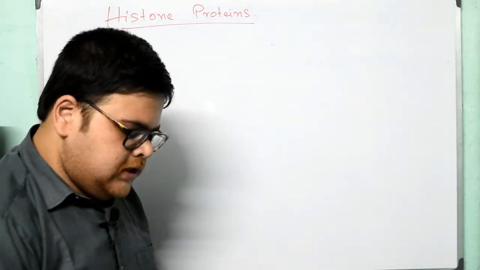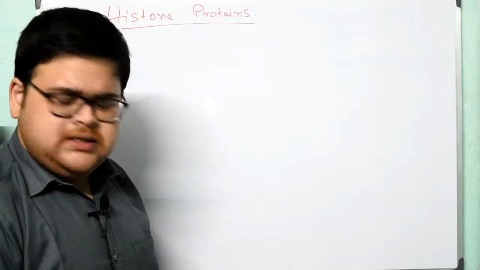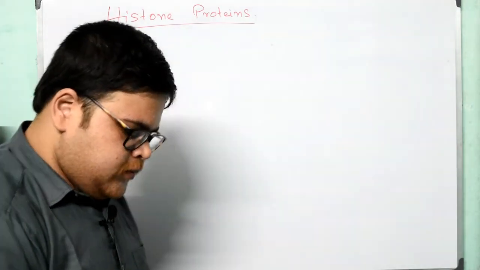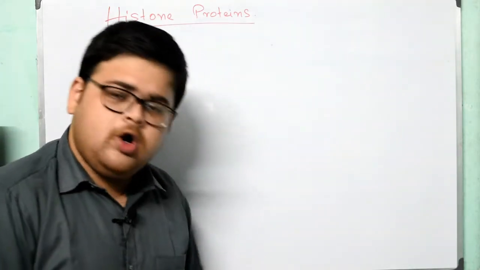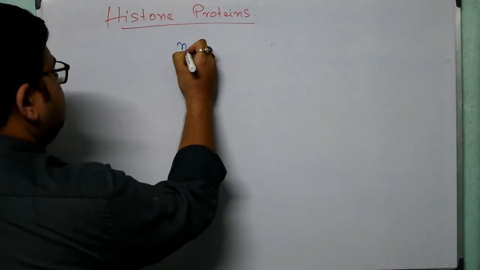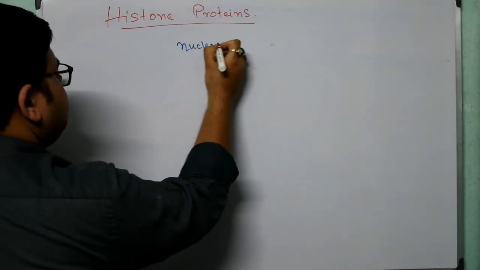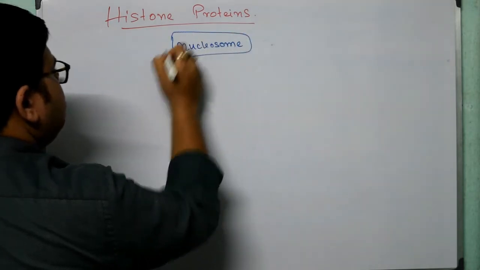Now histone proteins, you can see page number 9 of the biology book. There you will find that histones are proteins that help in coiling and packaging of the DNA into structural units called nucleosomes. So one important term that we get here is nucleosome. What are nucleosomes?